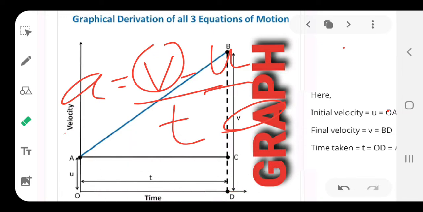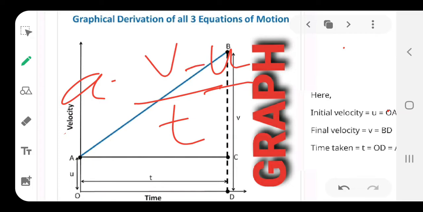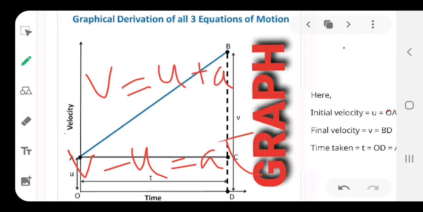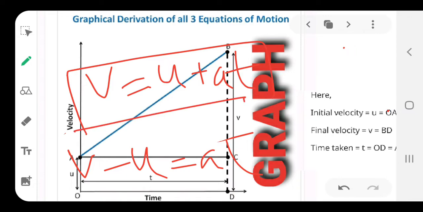When you change these abbreviated letters, you get V minus U equals at, and from that you get the most needed formula, V equals U plus at. This is nothing but the first equation of motion.